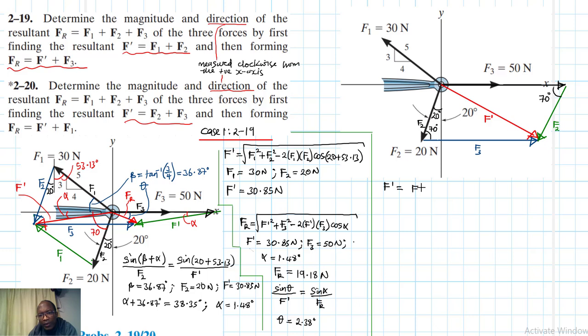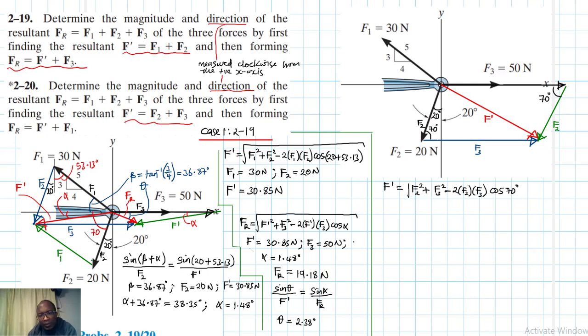F prime squared equals f2 squared plus f3 squared minus 2 times f2 times f3 times cos 70.